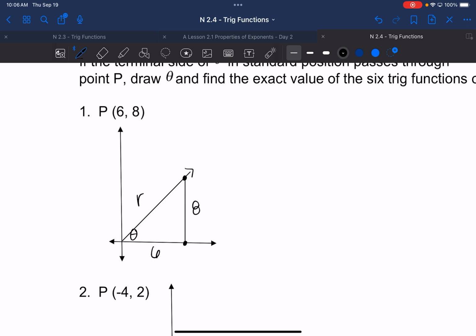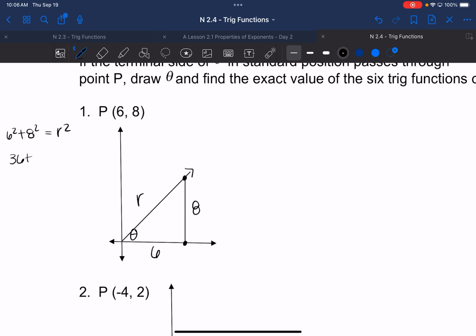How could we maybe find R? Right, Pythagorean theorem. So I'd have 6 squared plus 8 squared equals that hypotenuse, which we're calling R squared. All right, so what is 6 squared? 36.